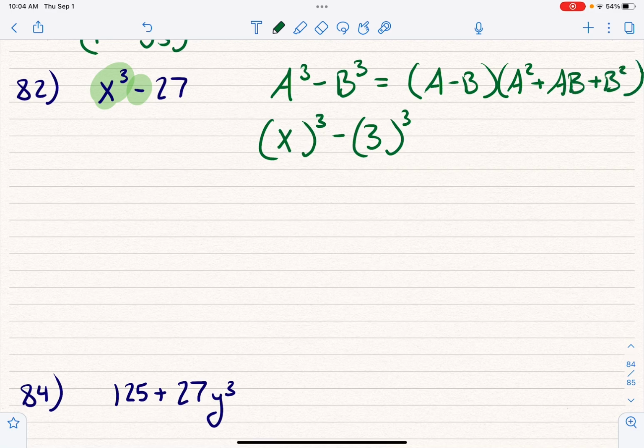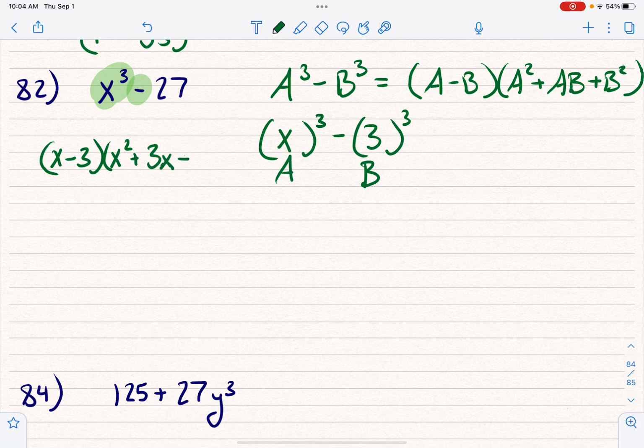All right? So just put everything where it goes, knowing that this is a and this is b. So you say x minus 3 times x squared, or plus rather, 3x plus 9.